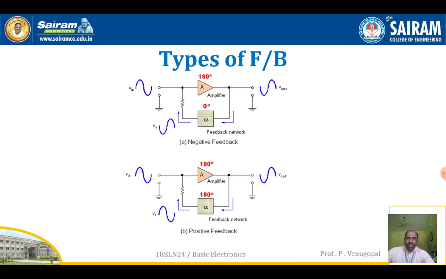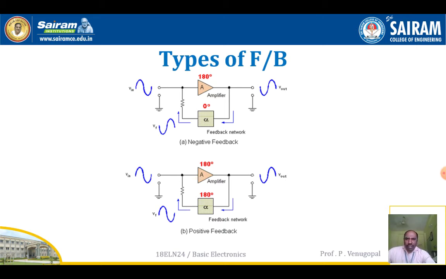So this is once again the negative feedback and the positive feedback. You are observing the input signal shown here. When this input signal passes through the amplifier, where the phase shift is 180 degrees, it gives an output which is 180 degrees phase shifted with respect to the input signal, and part of this output signal is fed back through the feedback network.